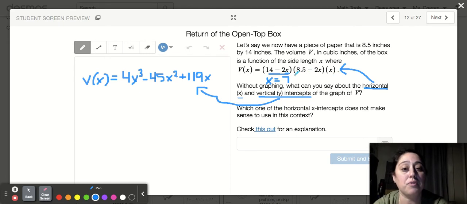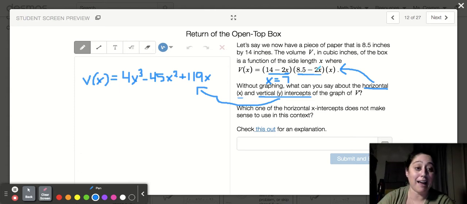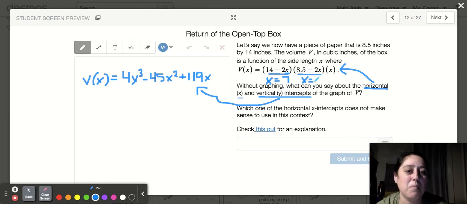Okay, so let's do this one too. 8.5 minus 2x. All right, so I know 8.5 minus 8.5 would give me 0. So I need to figure out, all right, what do I multiply 2 by to get 8.5? All right, so I'm thinking it's a little tricky because it's like a decimal.